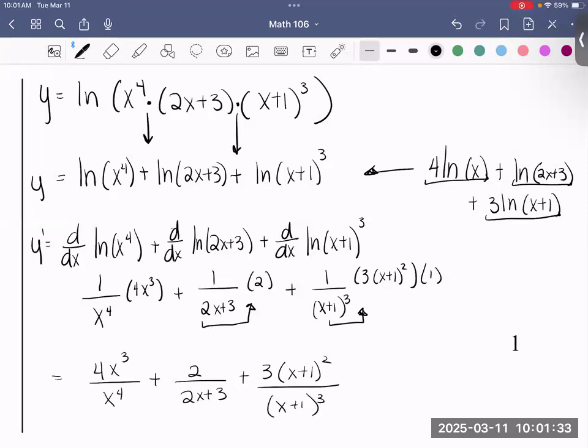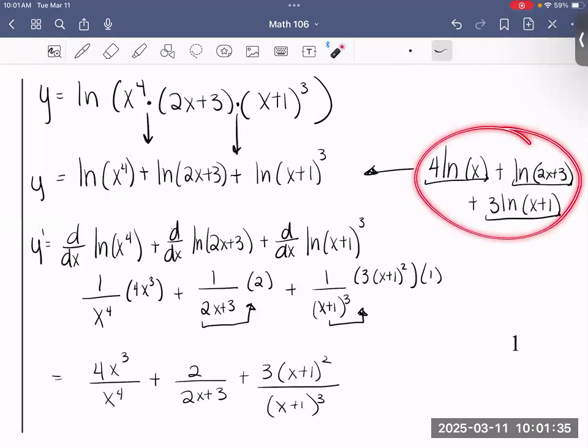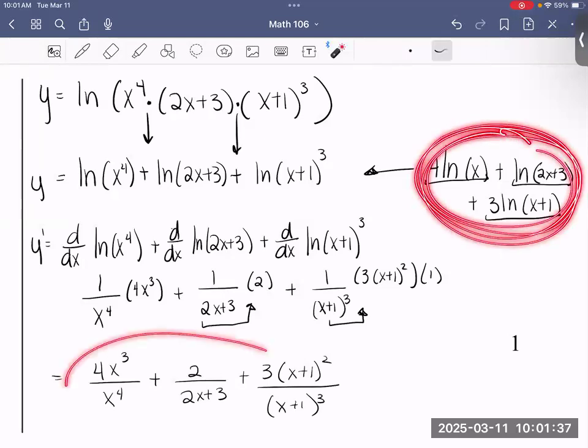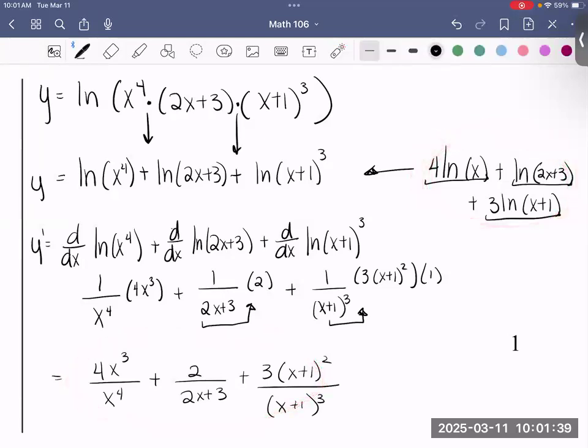And I told you, hey, it doesn't really matter if you were to do this rule over this rule, but just know that when you go ahead and do this rule, we have 4 times 1 over x. So this becomes 4 over x.